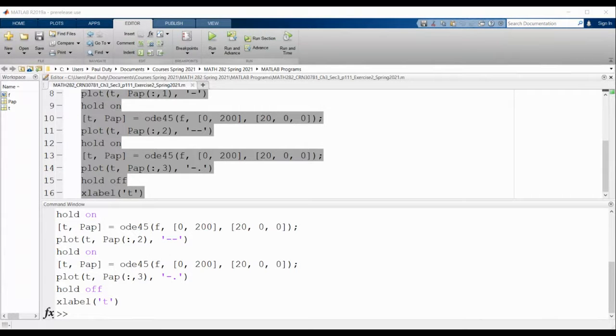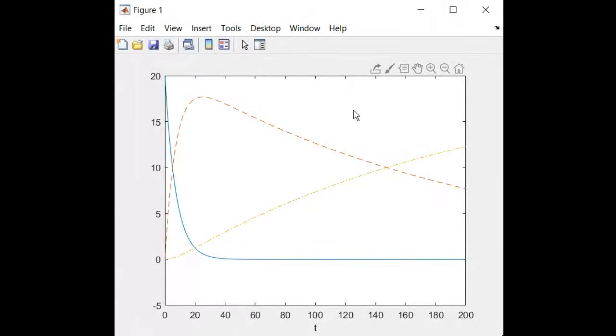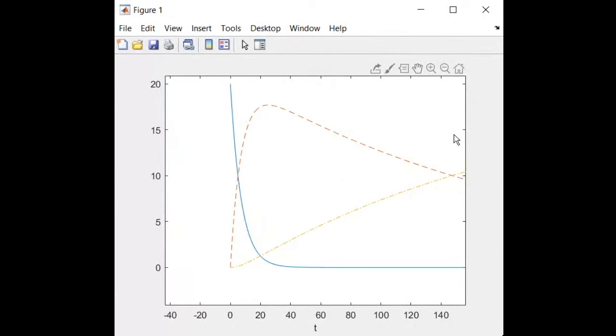All right. Are there any questions so far? All right. Let me go to the figure. Here's the figure. There's the figure.